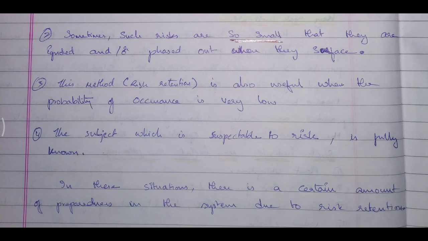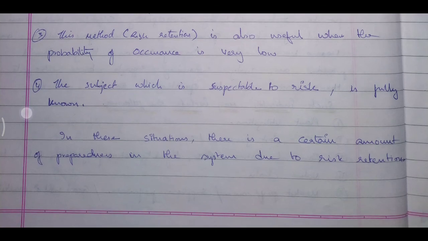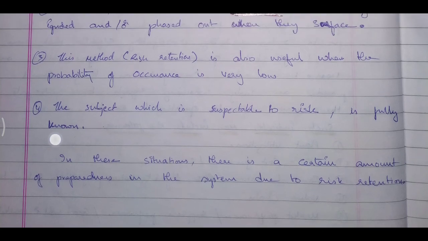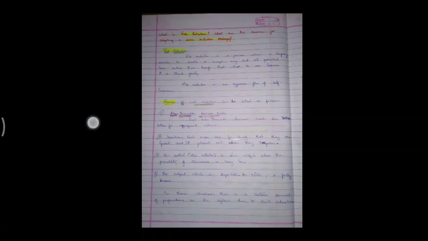This method is also useful when the probability of occurrence is very low. The subject which is susceptible to risk is fully known, and in these situations there is a certain amount of preparedness in the system due to the risk retention.